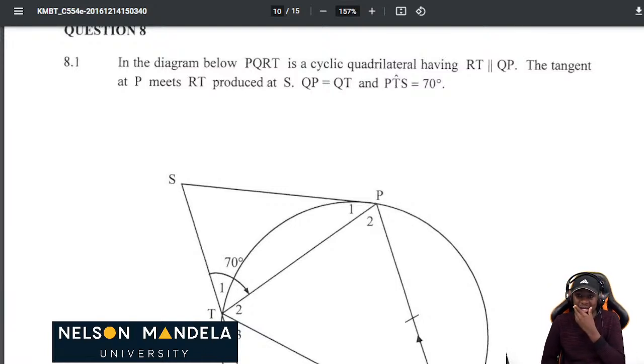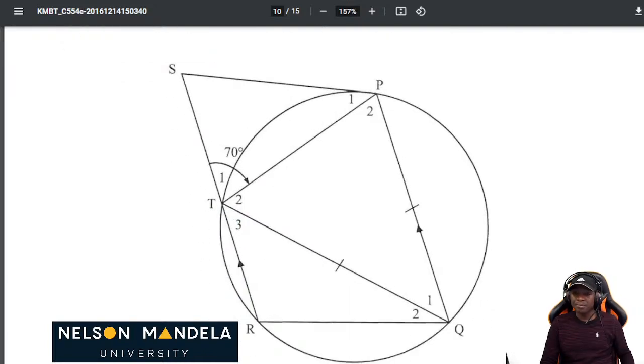Now we're already analyzing that. We have PQRT. P2 is equal to angle R. P2 plus angle R is equal to 180 degrees, supplementary angles. We also see that T2 plus T3 plus Q2 plus Q1 give us 180 degrees.